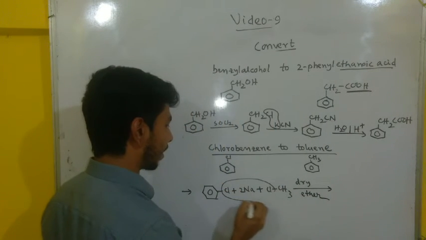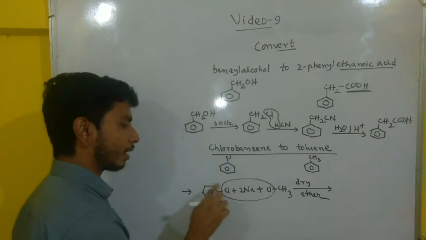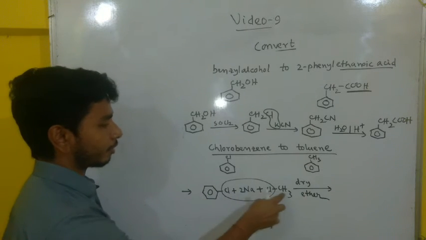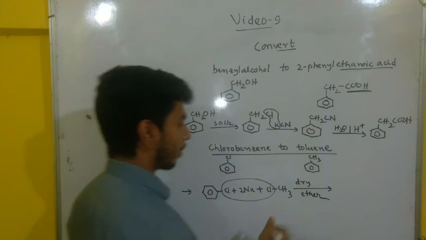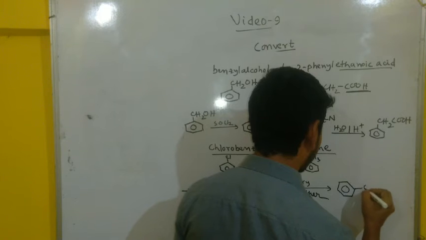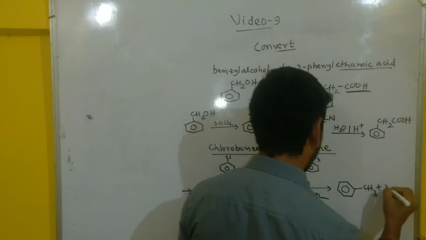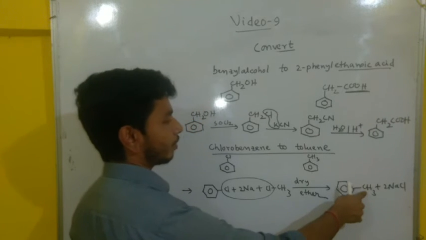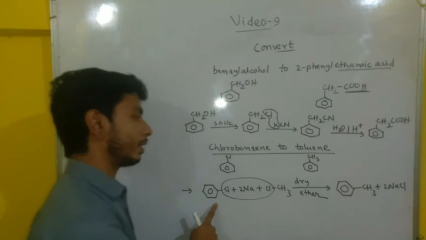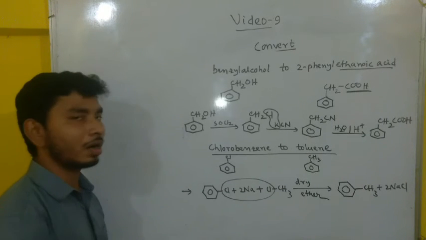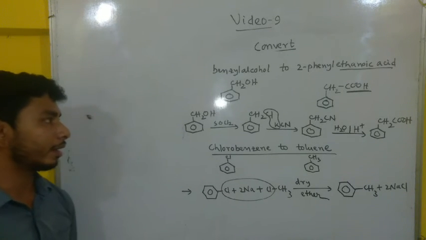So here twice Na, twice Cl, twice NaCl is removed. So now the benzene ring will get attached with the methyl group. So now here benzene is attached with the methyl group plus 2NaCl. Benzene with CH3 is known as toluene. So chlorobenzene is now converted to toluene. This reaction is called the Wurtz-Fittig reaction.